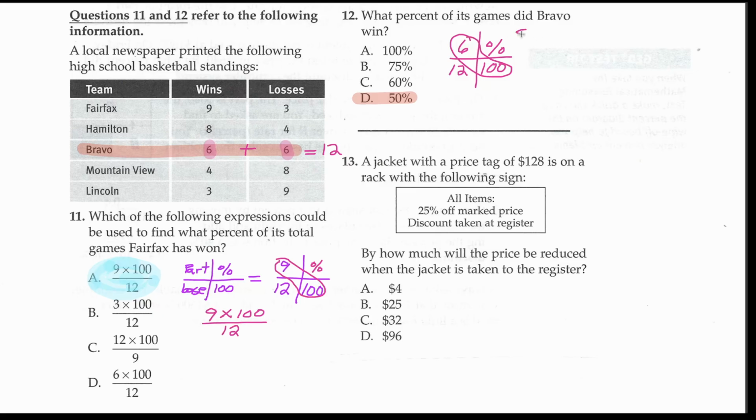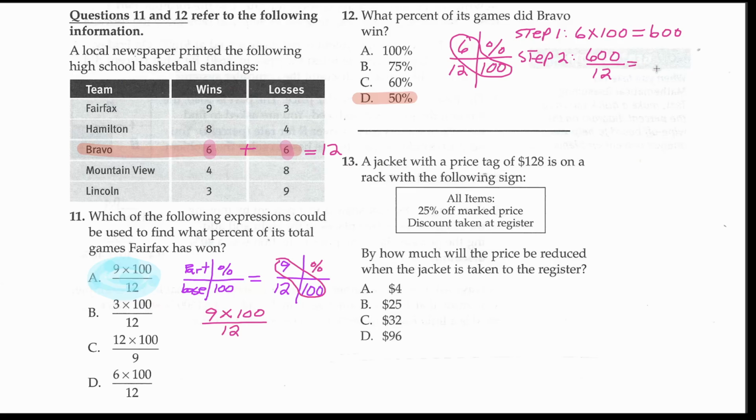To solve this problem, we need to multiply the 6 by the 100. So for step 1, 6 times 100, you get 600. Now for step 2, you divide the 600 by the 12.